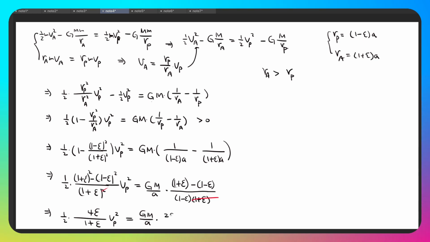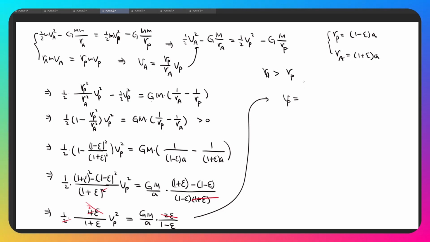So I have 2 epsilon over 1 minus epsilon. So now let's see more cancellations. 2 and this 4 factor cancel out, right? We have 2 left. And 2 epsilon cancel with this 2 epsilon. So in the end, let's write down the final VP here.